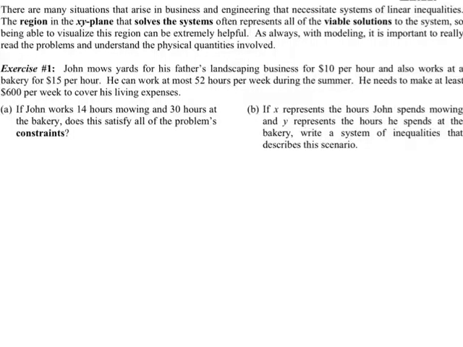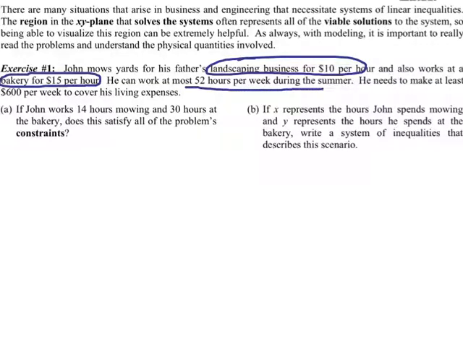So you got a lot of key things here. At his landscaping business, he gets $10 per hour. At the bakery, he gets $15 per hour. He can work at most, that's the key here, 52 hours in the summer, and he needs to make at least $600 per week. All those are key pieces here.